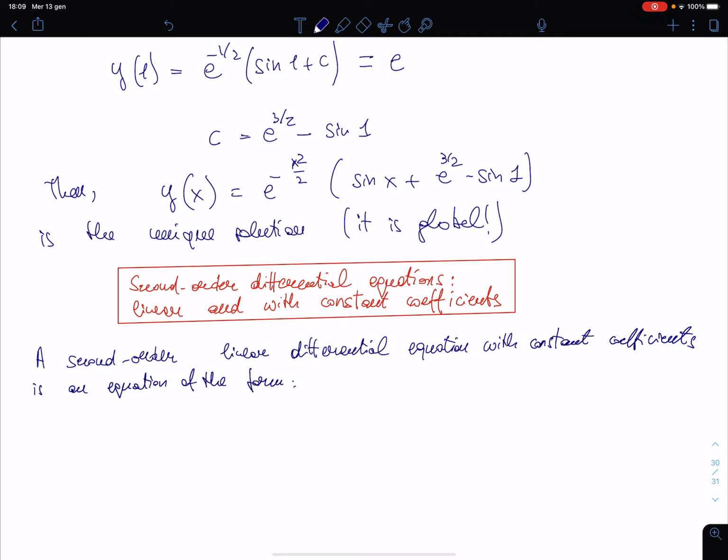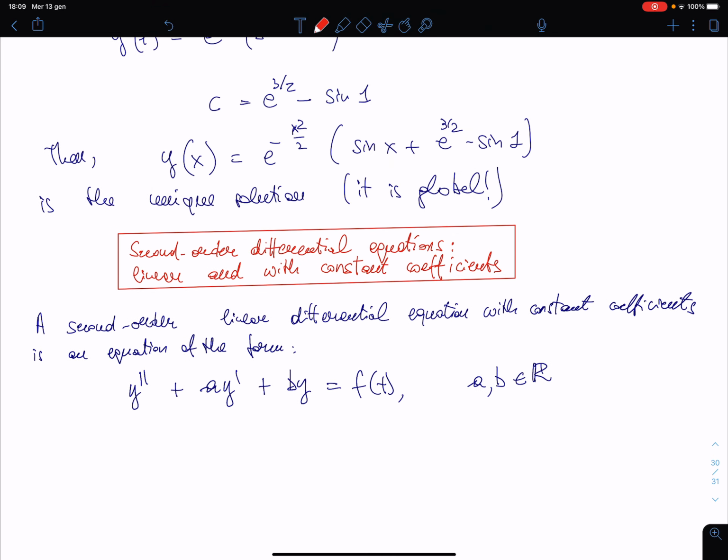It is a second order equation in normal form. So here you simply have y second plus a y prime plus b y equals f of t, with a and b real.